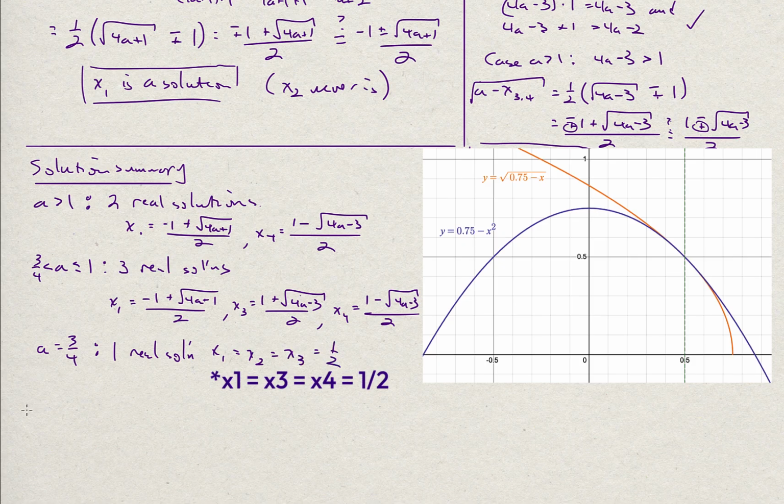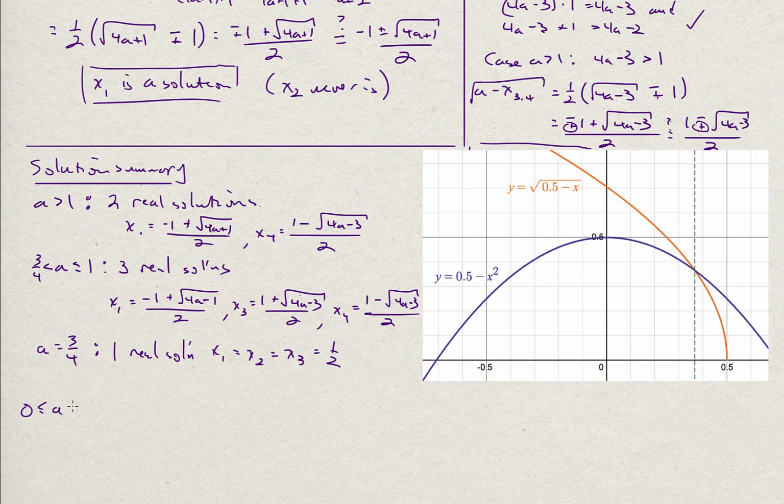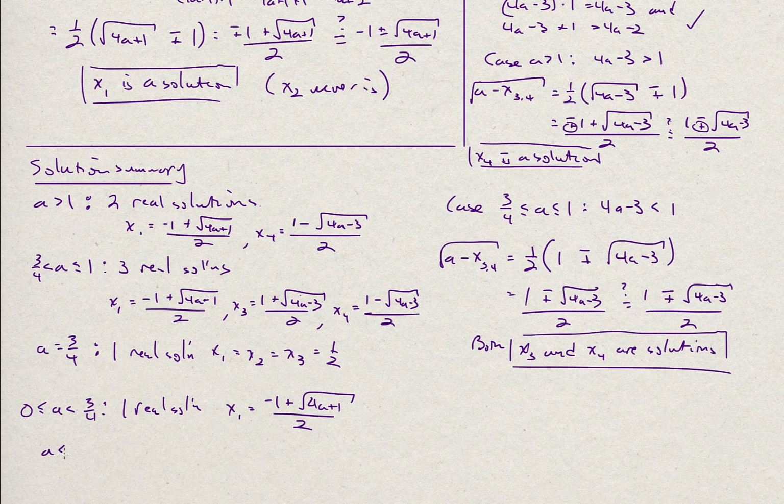Now, less than 3/4, we also only have one real solution, and that's x1, which is, again, negative 1 plus the square root of 4a plus 1 all over 2. And of course, as we said before, if a is less than 0, then there are no real solutions.